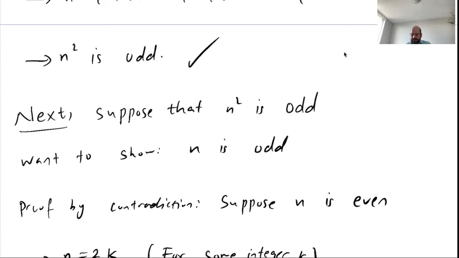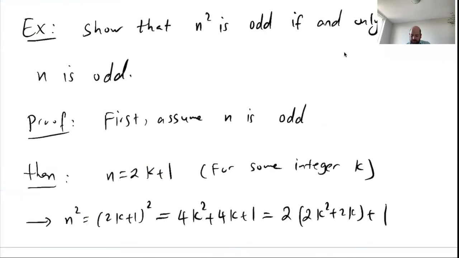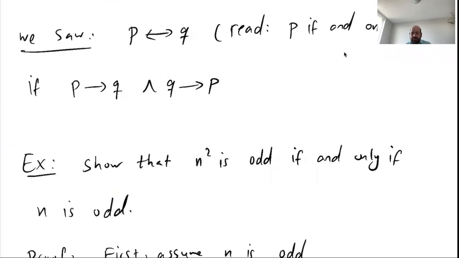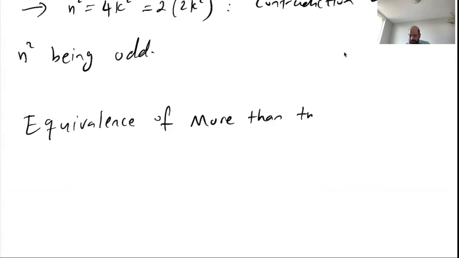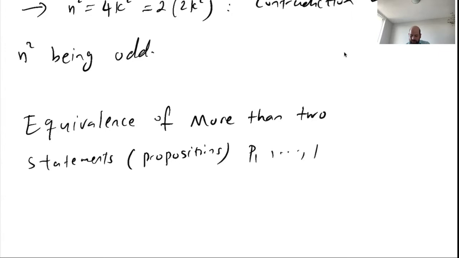Okay, so we proved both statements, P implies Q and Q implies P, which means we have proved the if and only if statement. So this is for equivalence of two propositions or two statements, P and Q. What about if we have more than two? So now, equivalence of more than two statements or propositions, let's say P1 to Pn.